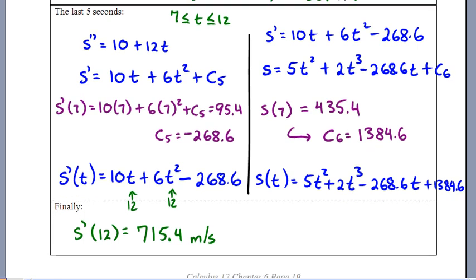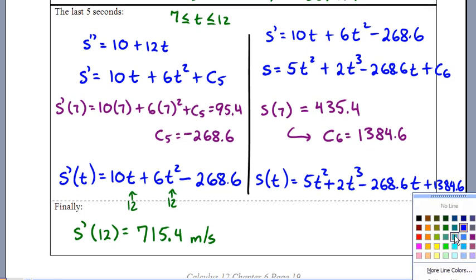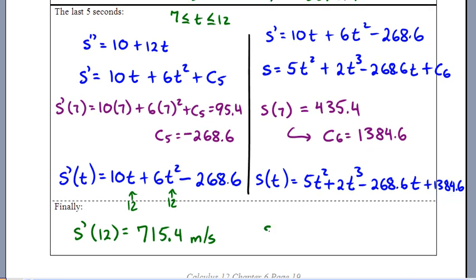Wow, that just fits. And then I can go and try it out and say, all right, well, at the end of the story, at time 12, when this rocket has finished firing, where are we? And we end up with 2,337.4 meters.